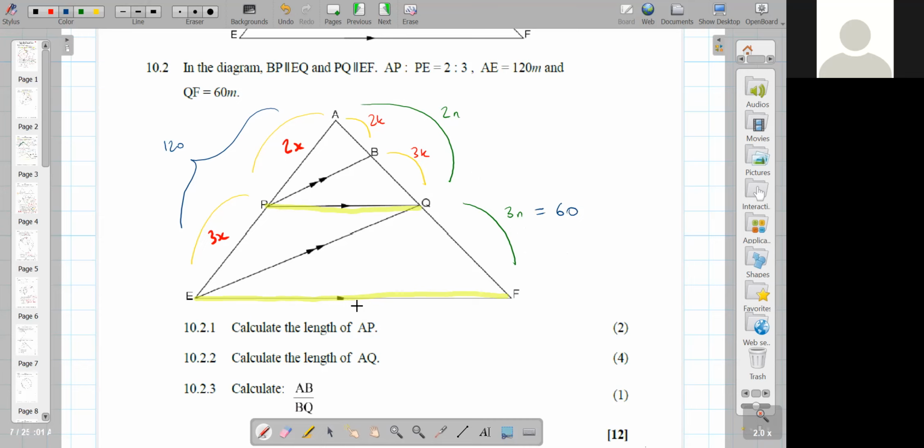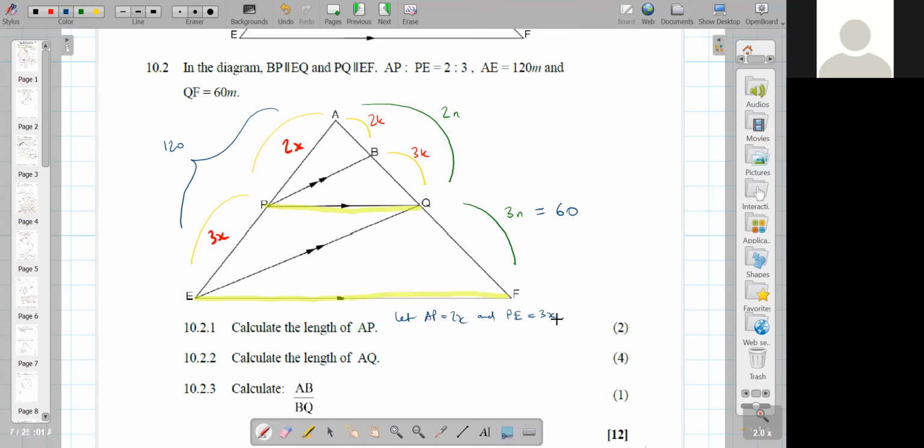Calculate the length of AP. What do we say with that given information as the minimum requirements to be written? I can say let AP equal 2x and PE equal 3x, because that's given as 2 over 3.